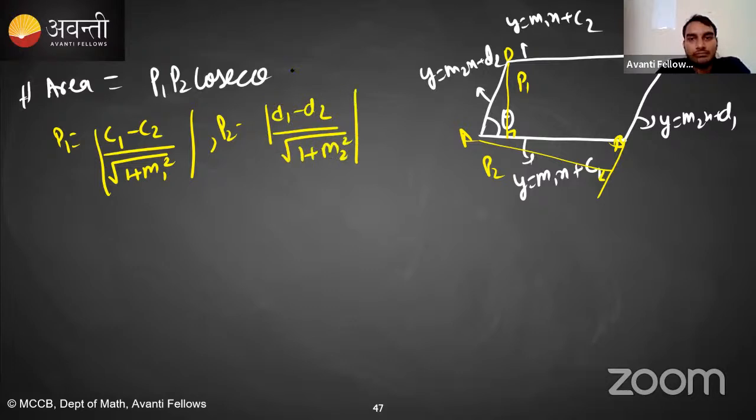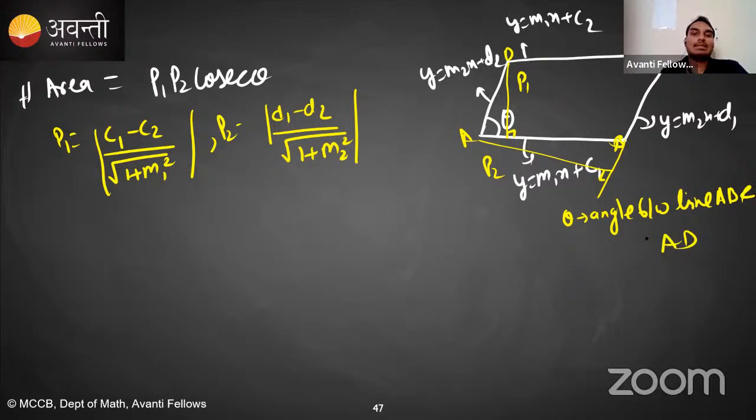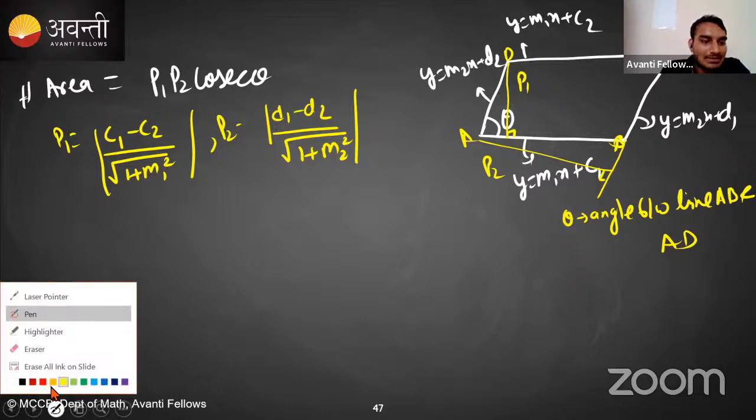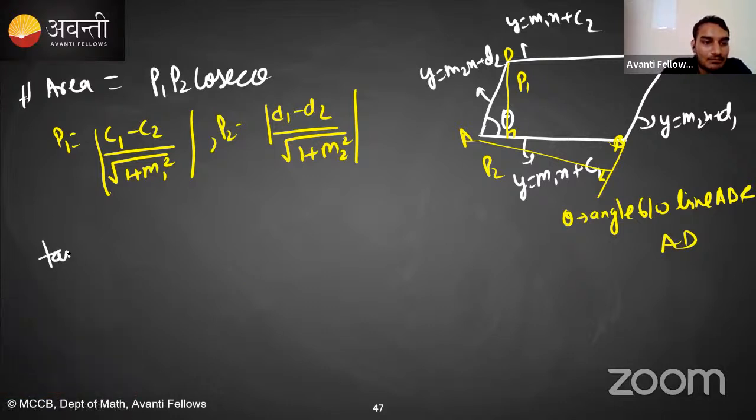Clear? Okay. Now what is theta, students? Theta is the angle between lines AB and AD. If there are two lines, one with slope m1 and the other with slope m2, you can find the angle between them. So how do you write tan theta? Tan theta is |m1 - m2| upon 1 + m1 m2.